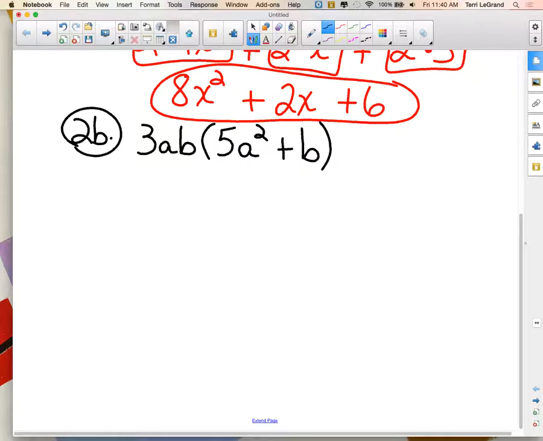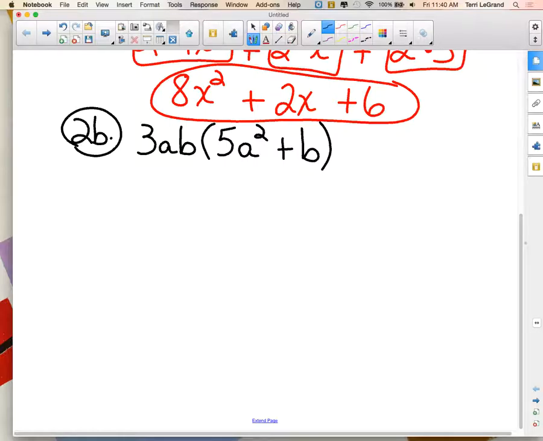Oh, something I think we're forgetting. A has one, and B has one. So they each have their own degree of 1, so it would be a linear monomial. Cody?